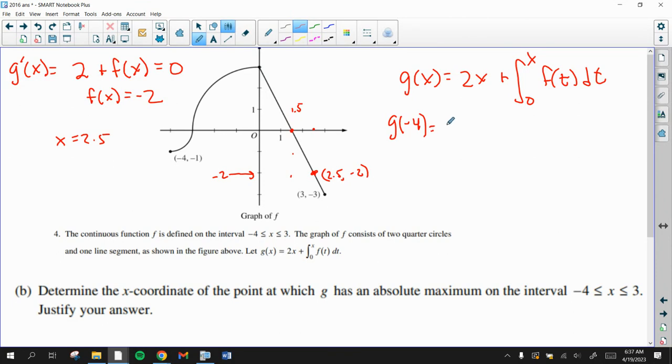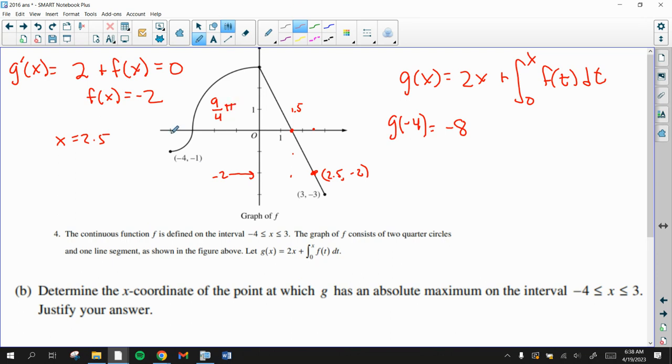So I have 2 times the -4, which is -8, times the integral from 0 to -4. So here's -4. You're going to just have to calculate all of the areas. We already said in the previous video that this is 9 over 4 pi, 1/4 pi r squared.